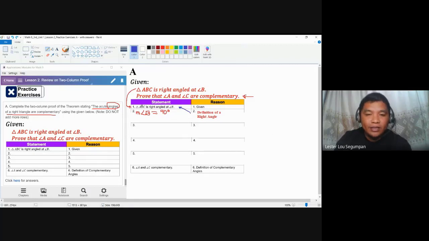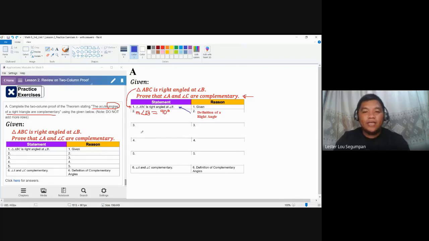Since we have not expressed here angles A and C, only angle B first, to reach that situation, we need to come up with a statement here presenting angle A and angle B. And what could it be?